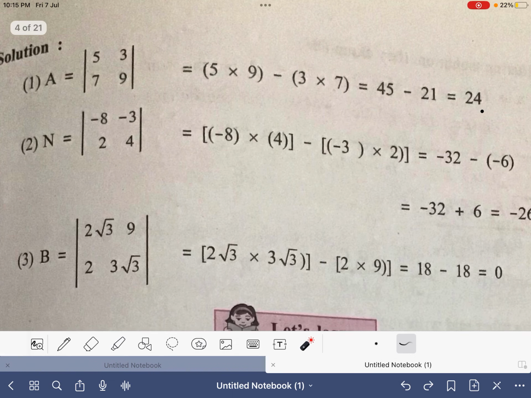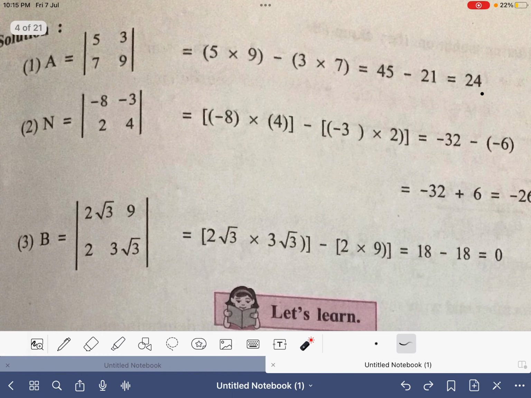Next question, 2 root 3, 9, 2, 3 root 3. Here we have to solve the determinant and find out its value. What we have to do is multiply 2 root 3 into 3 root 3 minus 2 into 9.